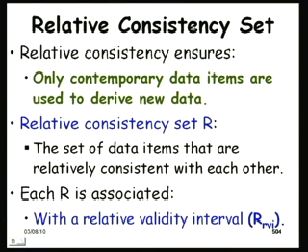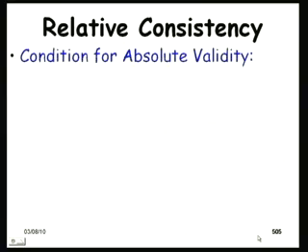Every relatively consistent set will be associated with an RVI. So, if R is the set of data items, with R we will associate another component, which is the RVI, or the relative validity interval.